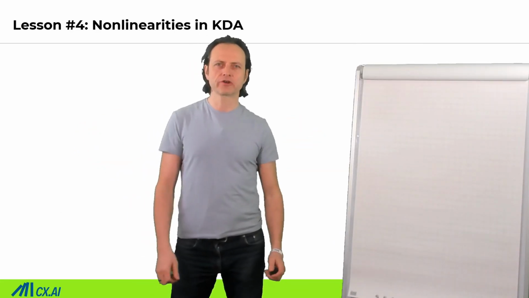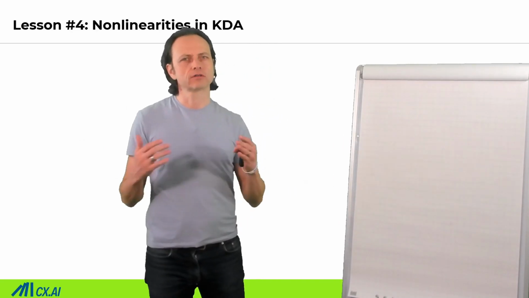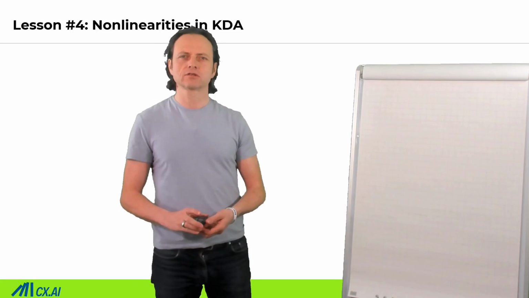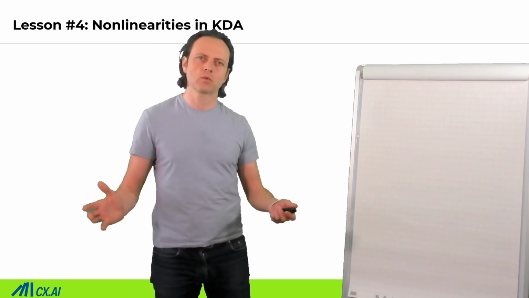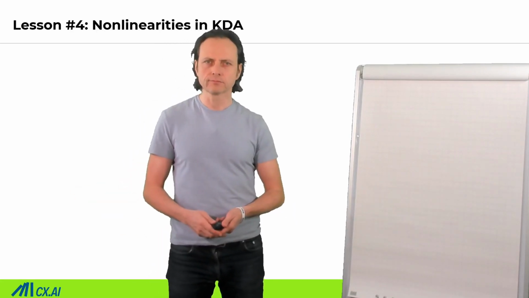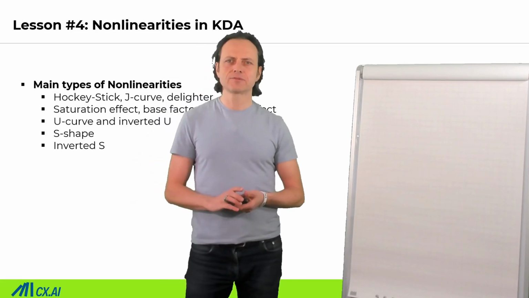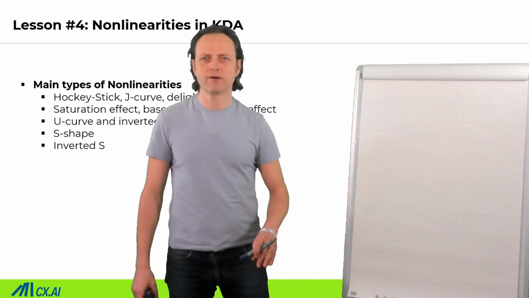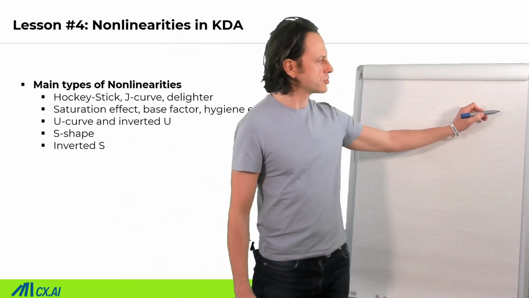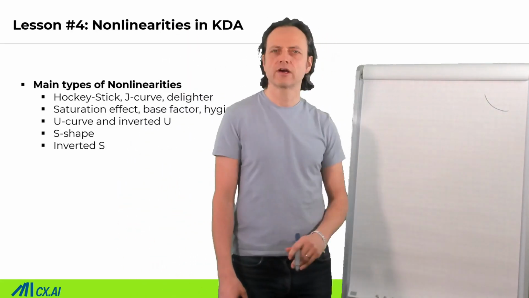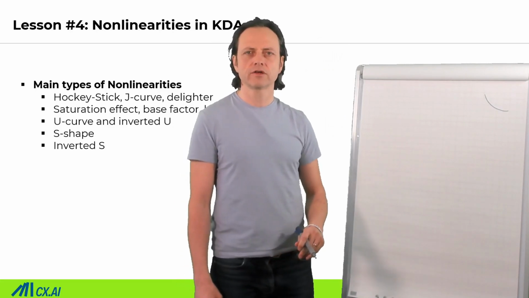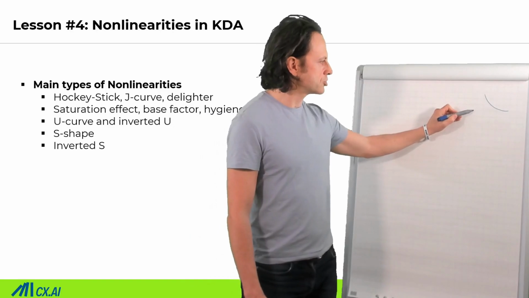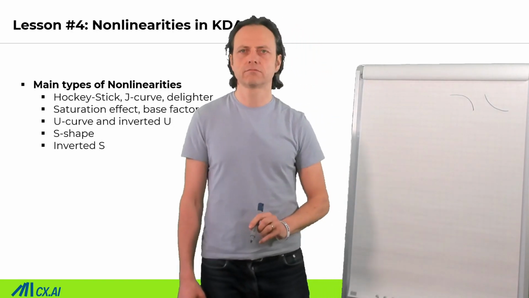Let's talk about nonlinearities, because the conventional regression assumes linearity, but oftentimes this is overly simplistic, and there are ways to circumvent that. So the main types of nonlinearities, there are actually a couple of them. There is a hockey stick, which is this kind of shape. Then there is the saturation curve, which is this.